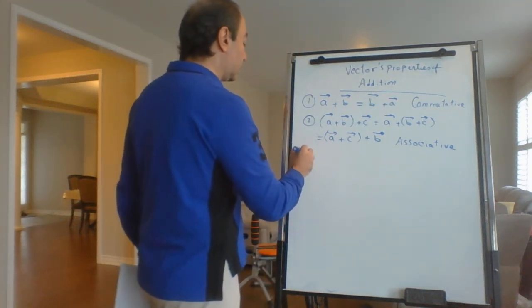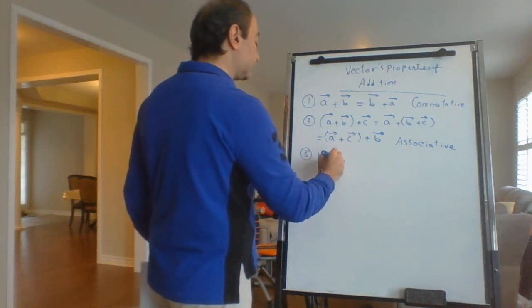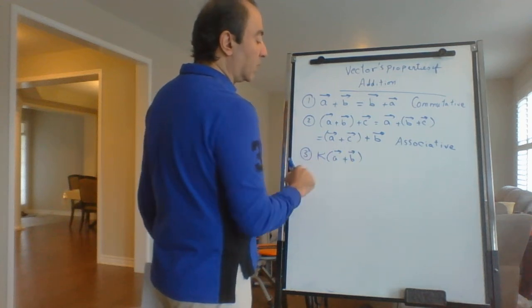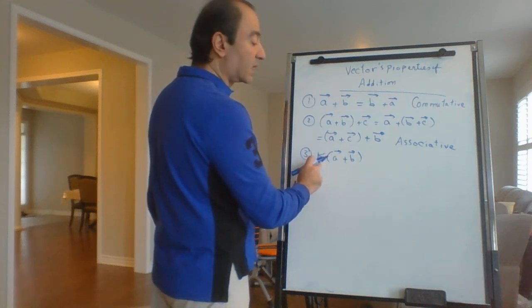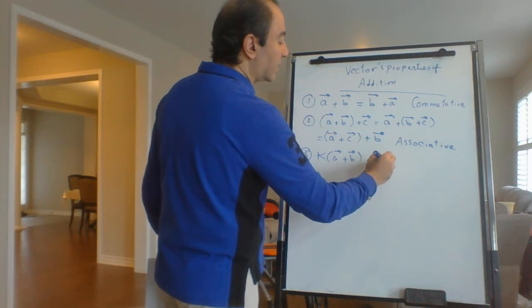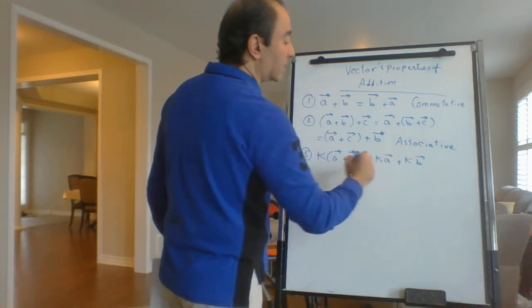Okay, 3. If I have a constant, a scalar multiplied with the sum of the two vectors, if I add the two vectors and multiply with the scalar, it will be the same thing as if I multiply the scalar with each vector and add the results.